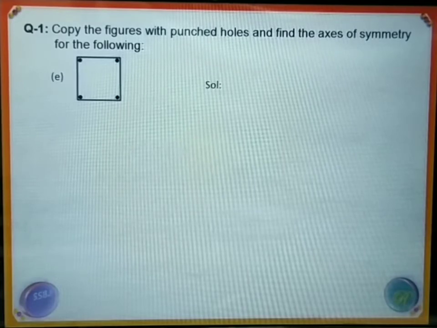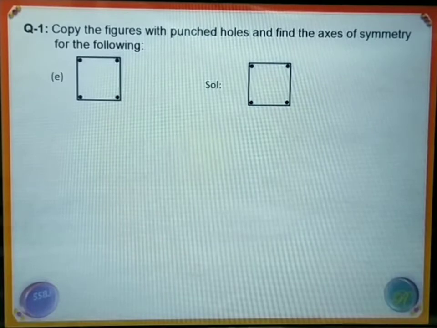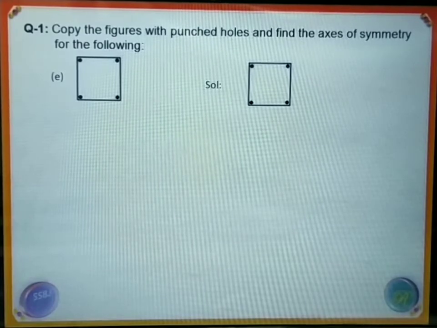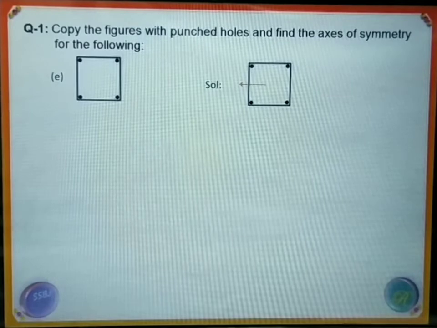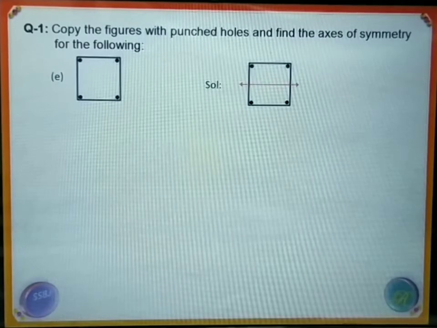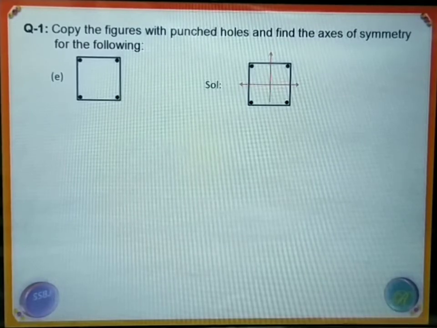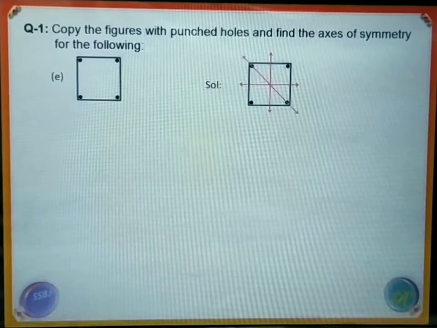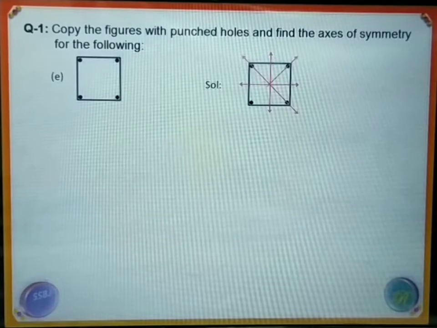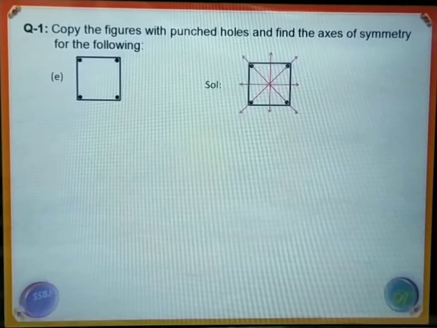Take the copy of this figure. Draw the axis of symmetry or lines of symmetry. How many axes are we going to get? Four.